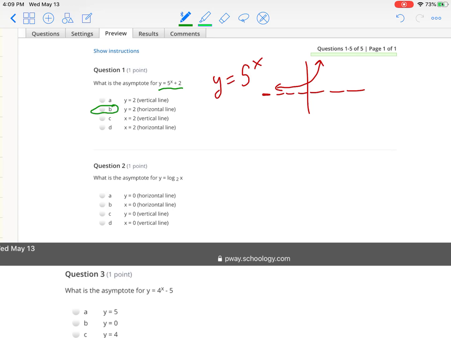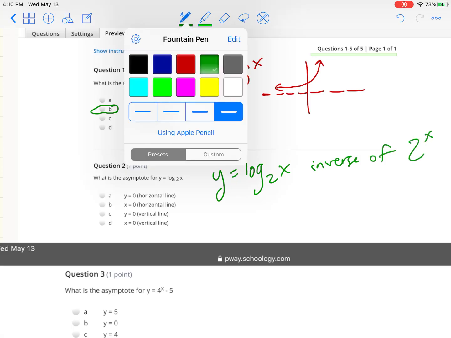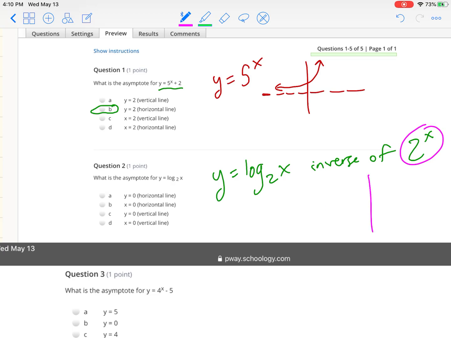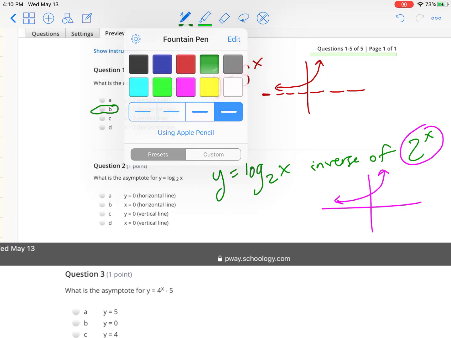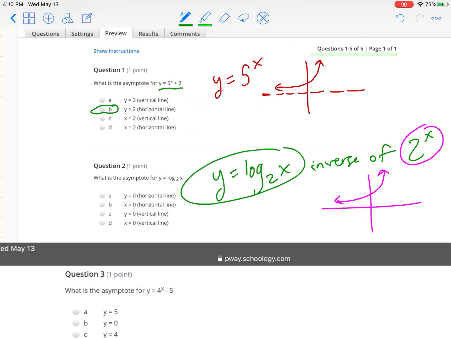A log graph we just started looking at. So log graphs are the inverse of 2 to the x. So let's say 2 to the x, you already knew, looked like that. So the log graph is its inverse, where everything switches.